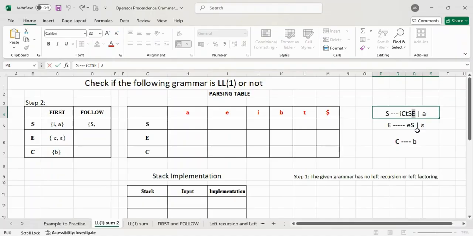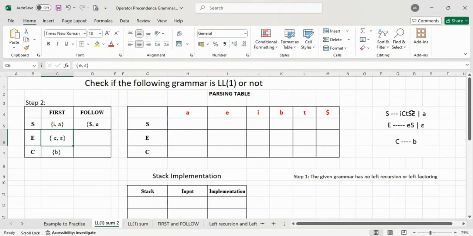So now, when I replace capital E with its first, follow of S will be small e, and if I replace this E with epsilon, okay, I have to replace it with first. So first of E is both e and epsilon. So E I have replaced, I have got my follow. Now when I replace capital E with epsilon, you will observe S becomes the last symbol. Thus, follow of S is follow of S itself. So e and dollar is my answer.